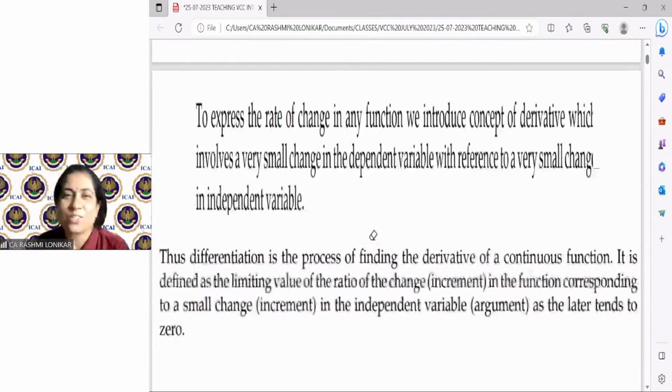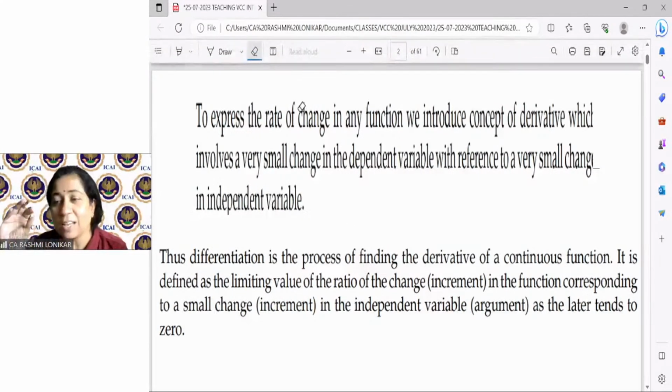So last time we talked about differentiation. When we are talking about differentiation, we are talking about rate of change. What happens when the independent variable changes by 1 unit or a small amount? How does the dependent variable behave?